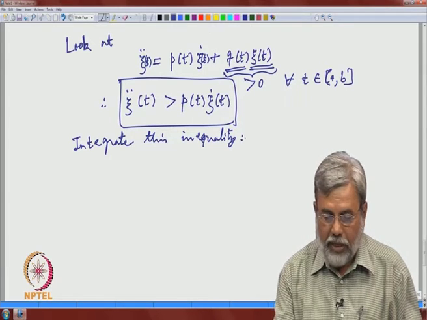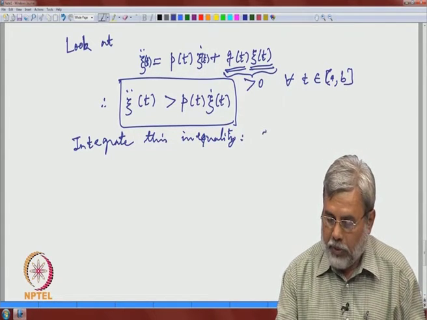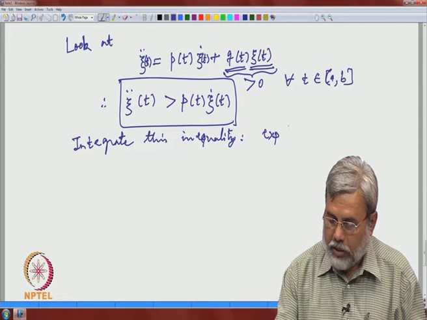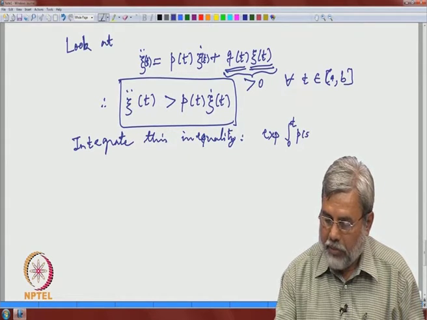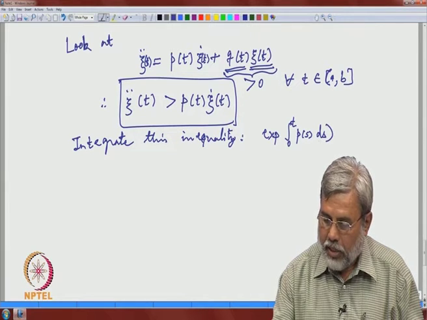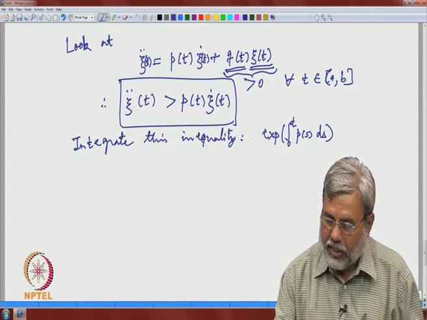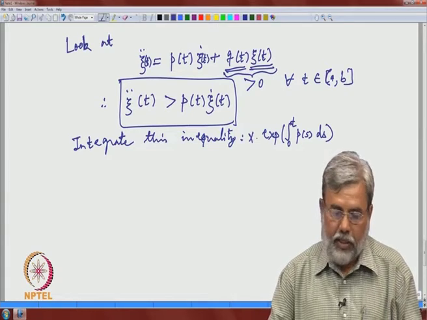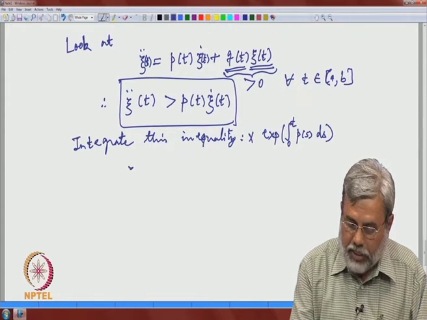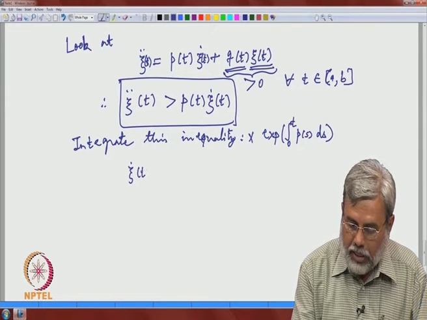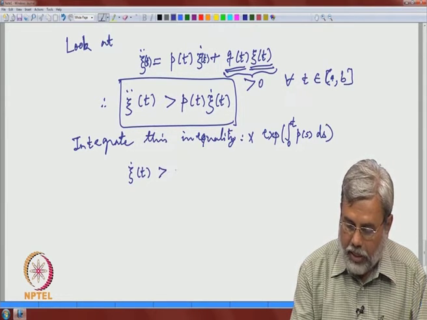So, you have to multiply by exponential of minus the integral 0 to t of Ps. You multiply by this, and then this is the integrating factor. So, multiply and integrate. Okay. So, what you obtain is so xi dot t is bigger than a 0.